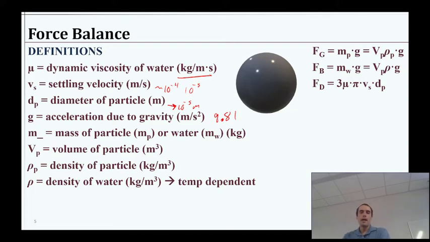We have the mass of either a particle or the water. That'll be in kilograms, because again, we have kilogram units all throughout. We've got the volume of the particle, and here we're using cubic meters, because if we do the diameter of the particle in meters, then we need the volume in cubic meters.